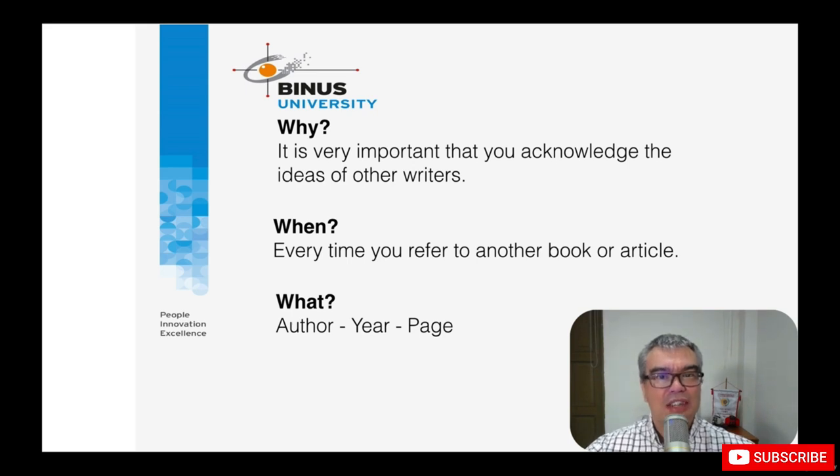Now, I should say that there are different systems for providing this information, and you need to check what kind of system is being accepted for your academic writing. I'm not going to go through it in this lesson because you will find that relevant to the context where you're working. However, it's important to remember that this is what you need to include.